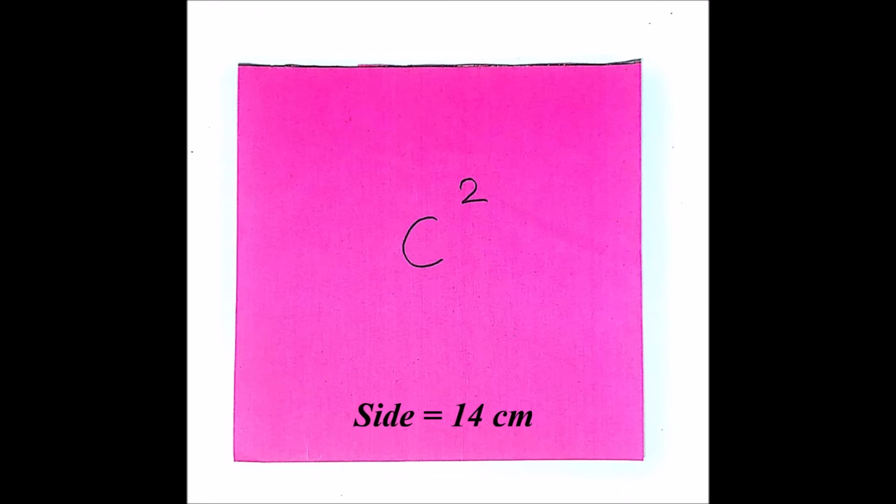Lastly, we have taken c as 14 units, so to represent 14 square, we will take a square of side 14 cm, which will represent c square.